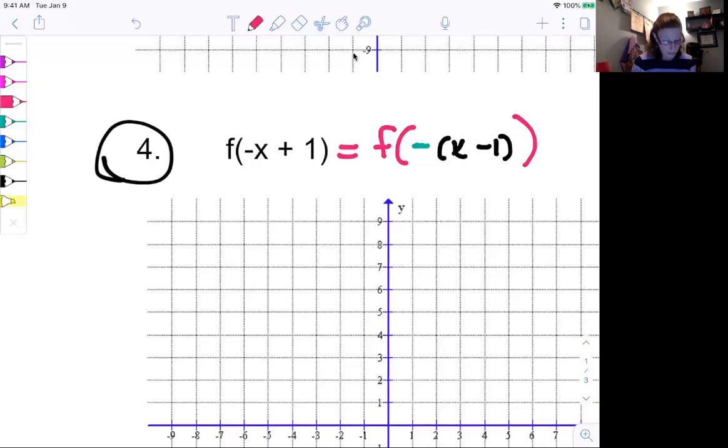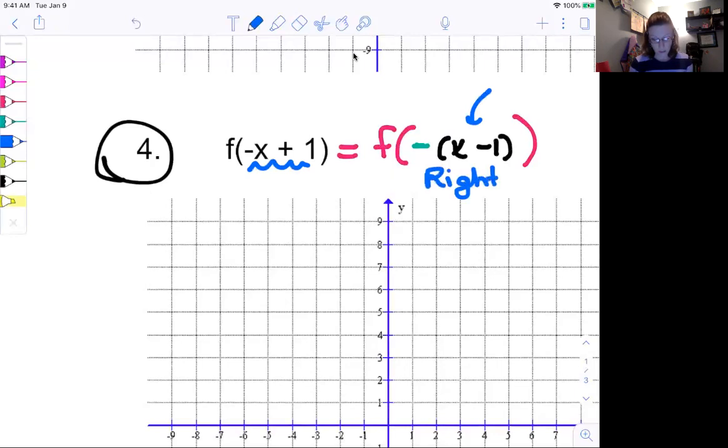This graph, even though it appears in the original form that your mind is saying, hey, this graph is moving left, it actually doesn't. And that's because the x is negative, therefore that plus 1 was also multiplied by a negative value. If I look at this new factored form, I can see that this graph is actually moving right 1.